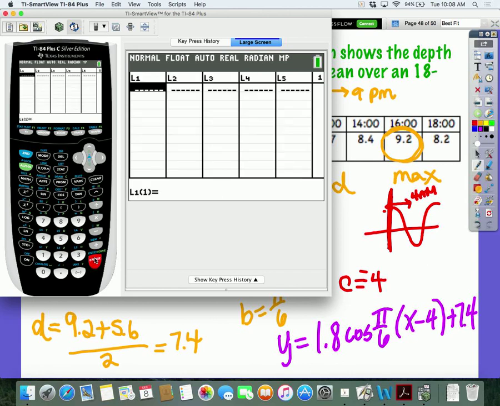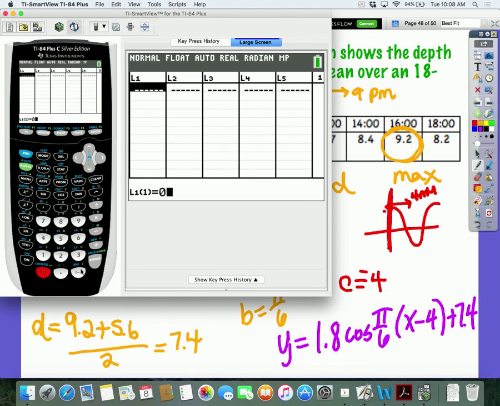Now, if it's not empty like mine is, here's what you do. You go up to L1, you press the clear button, and click Enter, and it clears everything out of your list. You can do that same thing with L2. Press clear, press Enter, and it clears everything out. In L1, type in your times.